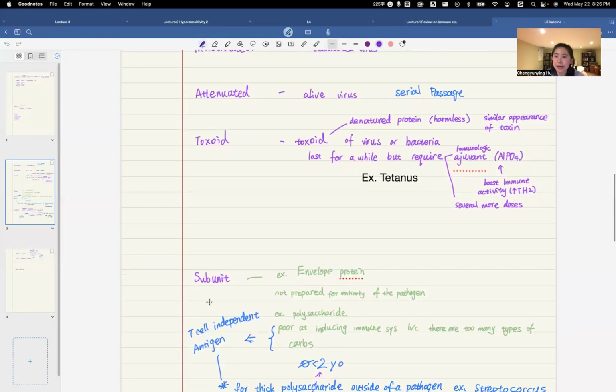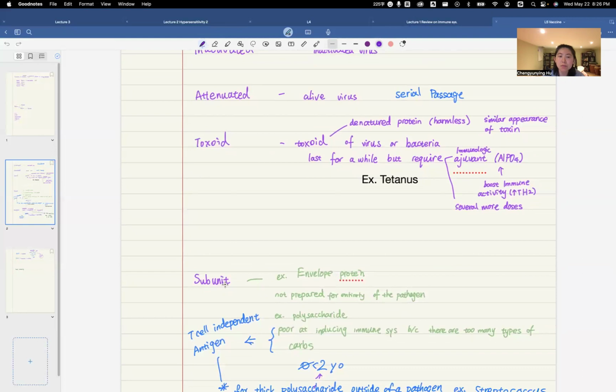Okay. Next pair is toxoid and subunit. They are both part of the bacteria or virus. Toxoid, it's in the name, the meaning. It's using the toxin, but again, it's not actually the toxin, it's a denatured protein that has similar appearance of the toxin.